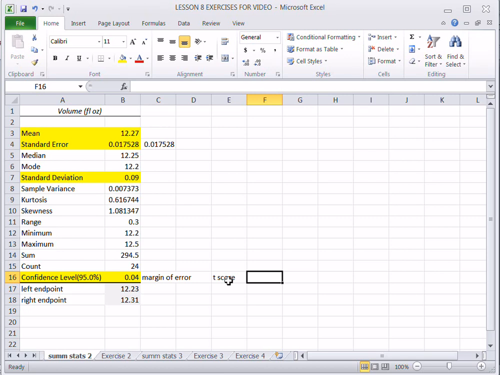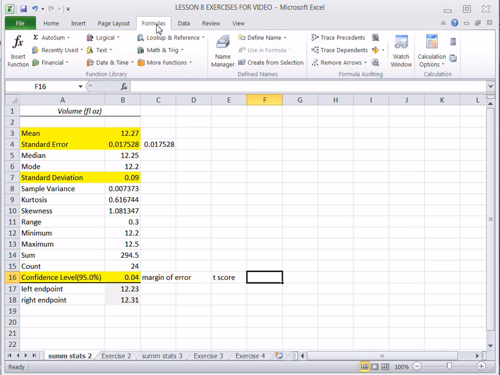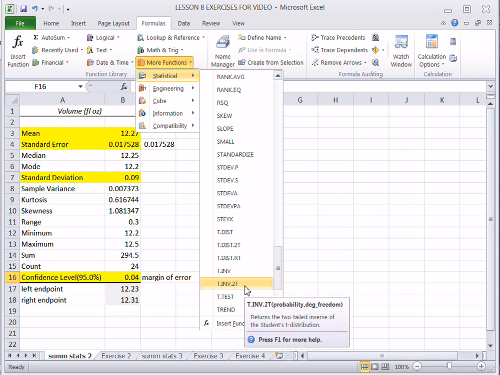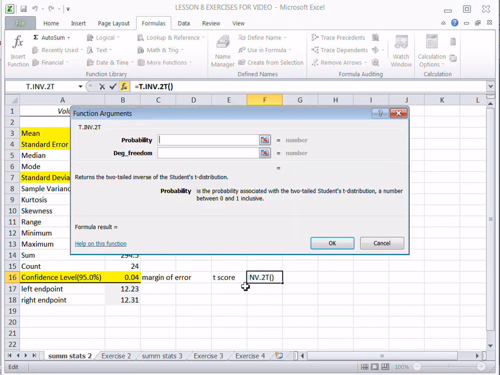So if we just focus, say, on the middle 95% from the top 2.5%, we go to formulas, more statistical, T inverse. We're looking for a bell-shaped curve that's approximately normal, which is approximated by the student T, two-tailed, because we're going to have our unlikely 5% distributed evenly in the two tails.